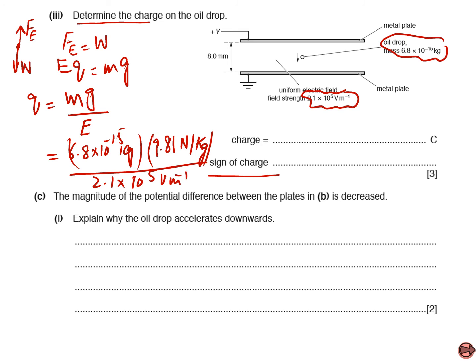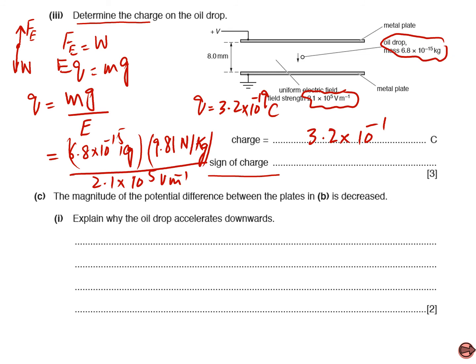If we solve this, we will get that Q is equal to 3.2 times 10 to minus 19 coulombs. So the amount of charge is 3.2 times 10 to minus 19 coulombs.